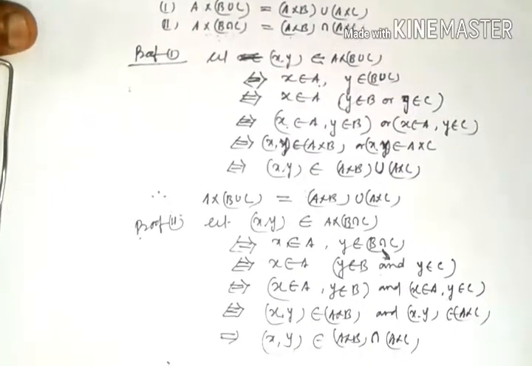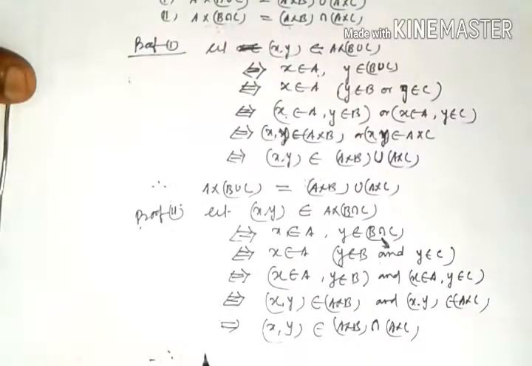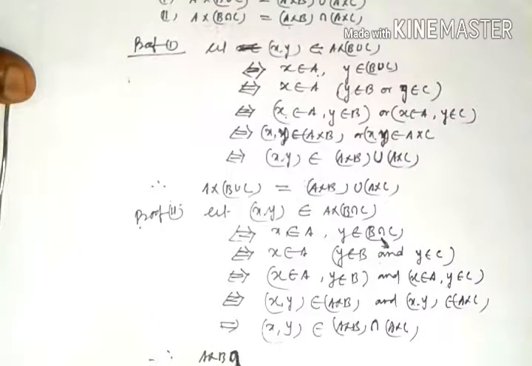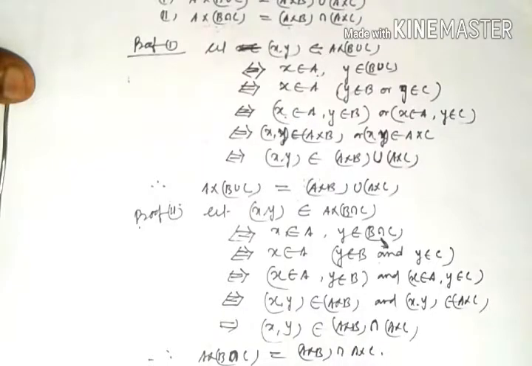Therefore, A cartesian product (B intersection C) is equal to (A cartesian product B) intersection (A cartesian product C). Now I shall discuss some problems from the textbook.